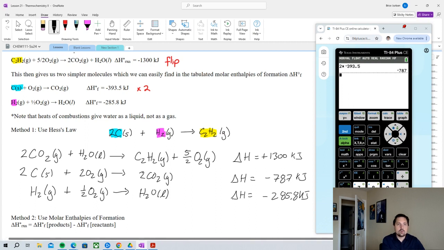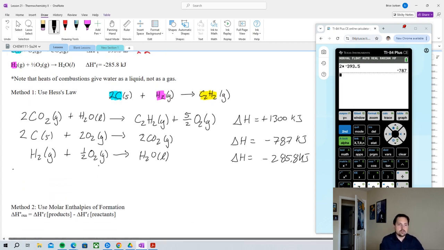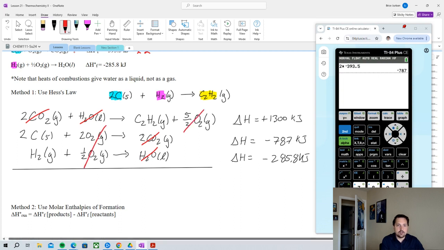All right. So when I go to add these three reactions together, we'll want to cancel everything that's the same on both sides. So first off, I have two carbon dioxides on both sides. I have water on both sides. And then for the oxygens, on the left side I have 5/2, and on the right side I have 5/2, so those cancel as well.